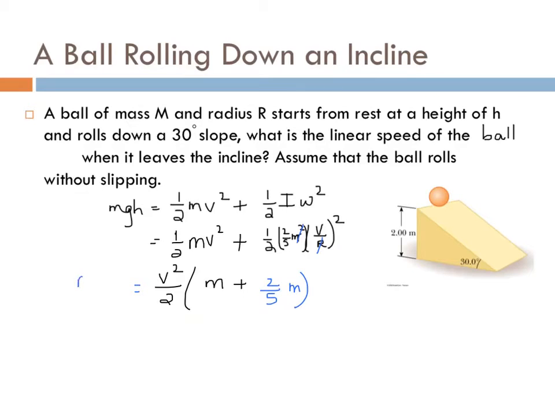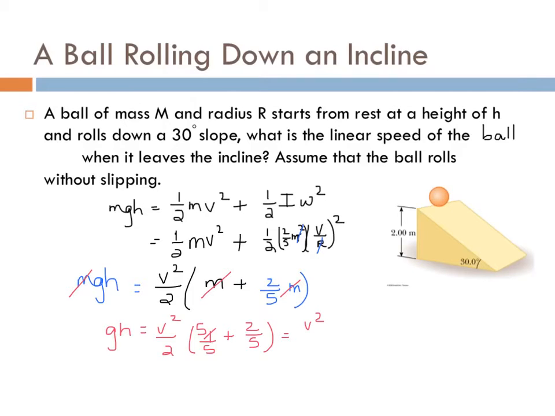That is equal to mgh. So here you can see that our mass actually doesn't affect our equation at all. So our masses will cancel out, and we're left with gh is equal to v squared over 2, times 1 plus 2 over 5, which we can find a common denominator for, which simply gives us 7 over 5.